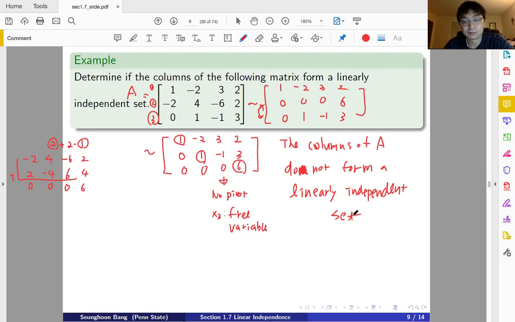It's good. The columns of A do not form a linearly independent set. Yeah, this is the exact thing. Only check what? Whether a free variable exists or not. This is the main idea: whether every column has a pivot or not.